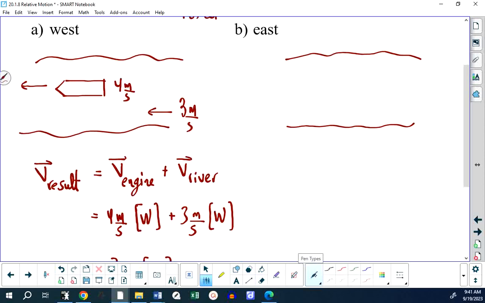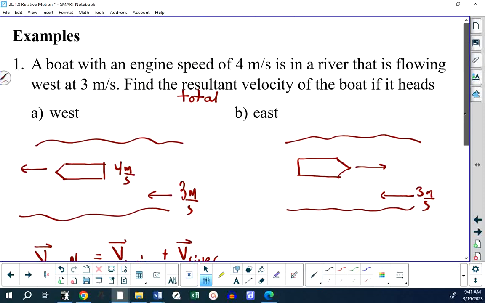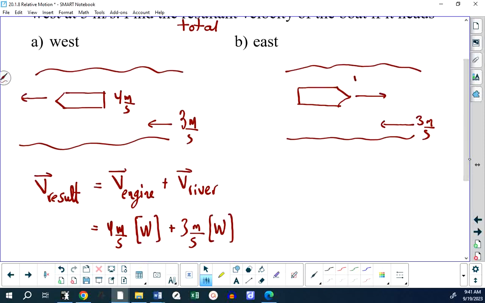So the river is flowing west at 3 meters per second, but the boat now is traveling east at 4 meters per second. Do you see that this is comparable to the bug walking opposite to the way the walkway is moving?